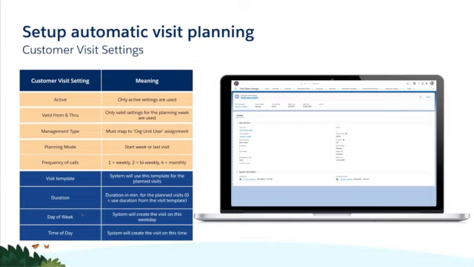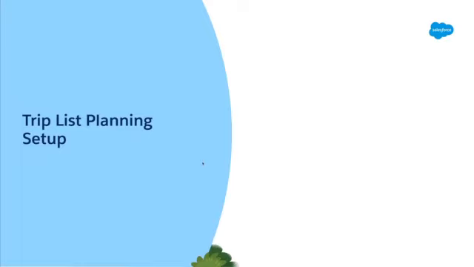That means you can set up here the visit template. You can set up the expected duration for the visit. You can set up the weekday and the time of the day. And by using all these parameters, the system will execute the planning automatically and will create the visit schedule based on the parameters by user on a weekly basis.